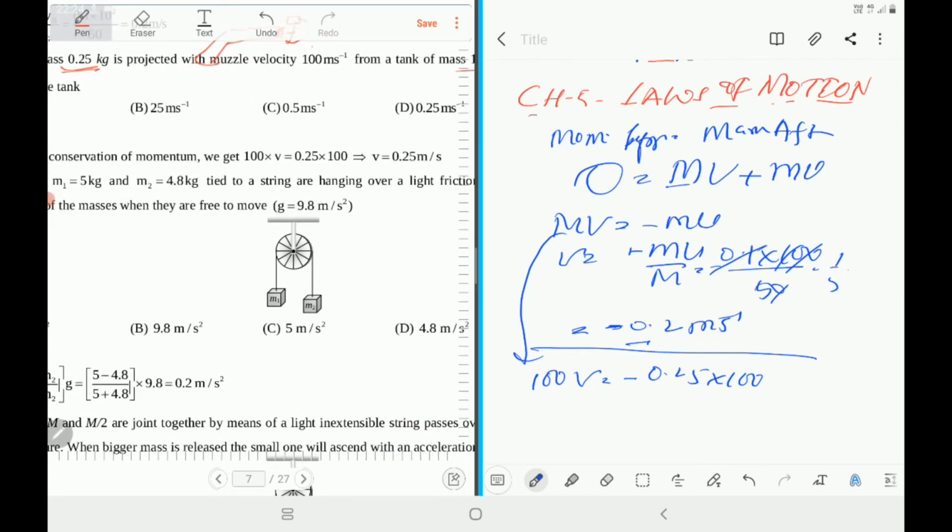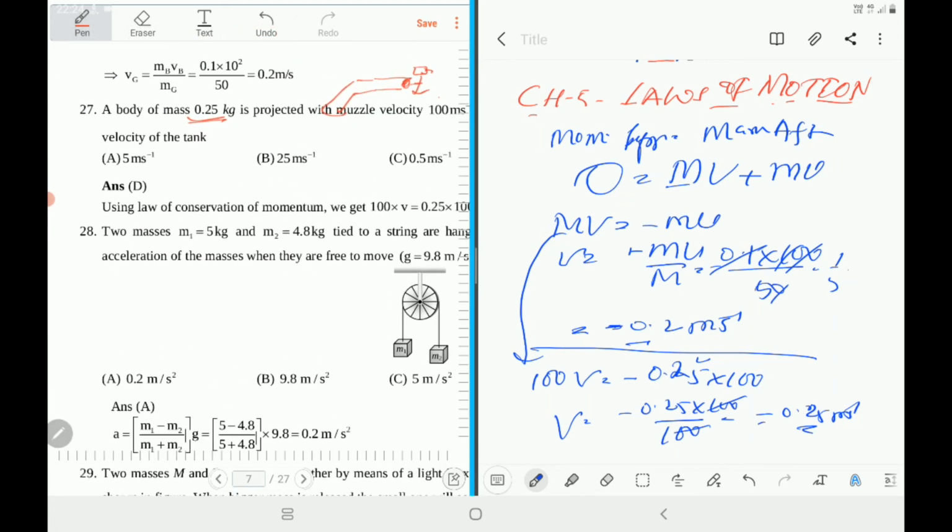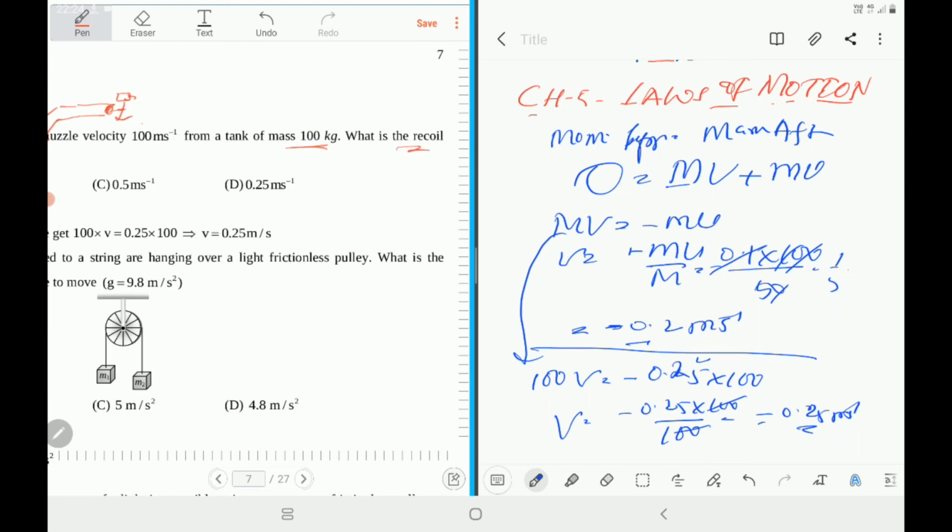It's like a cannon gun. A body of mass 0.25 kg is projected. So V equals minus 0.25 into 100 divided by 100. 100 cancels. That's why the answer is minus 0.25 meter per second. Minus means recoil. He in the problem mentions the word recoil. He only says recoil. That's why just mark 0.25. That's it. Right?